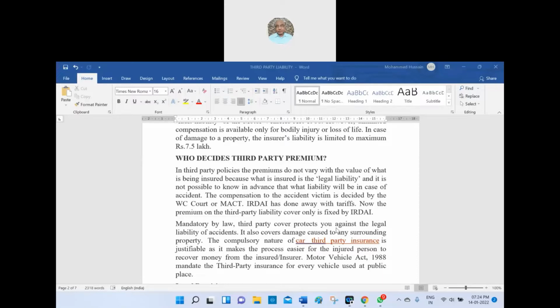Now the premium on the third party liability cover is fixed by IRDA. Yes, that is the Insurance Regulatory authority. What does the D stand for? Let me check it.